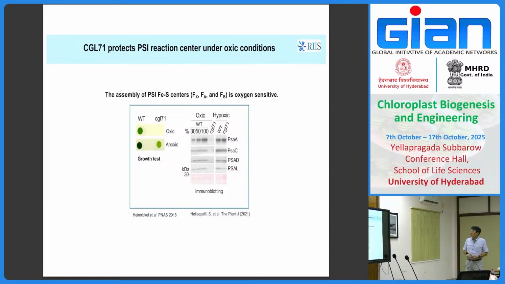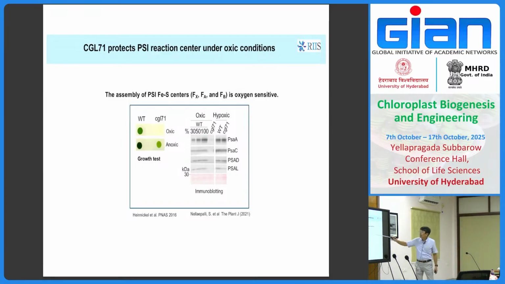And also, an interesting phenotype is white type. If you grow the cells on an agar plate, white type like this, the CGL71 mutant in oxic condition, in the presence of oxygen.